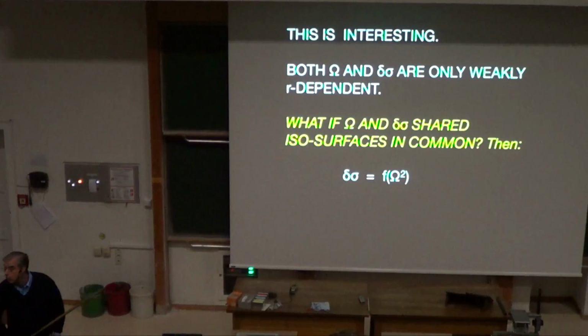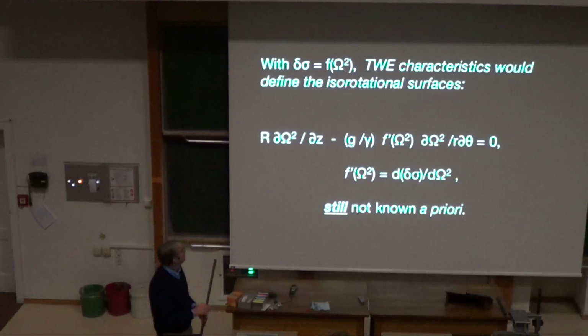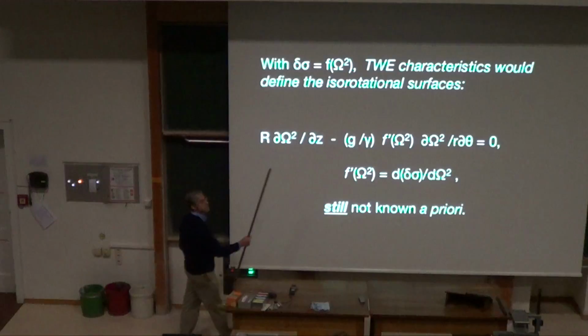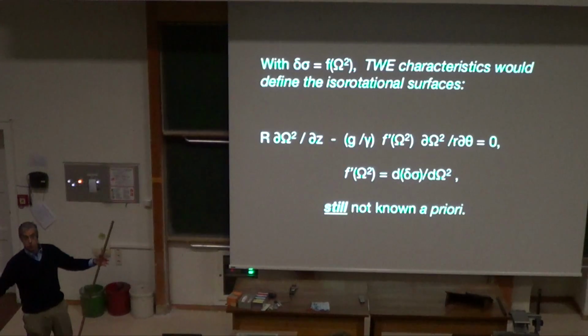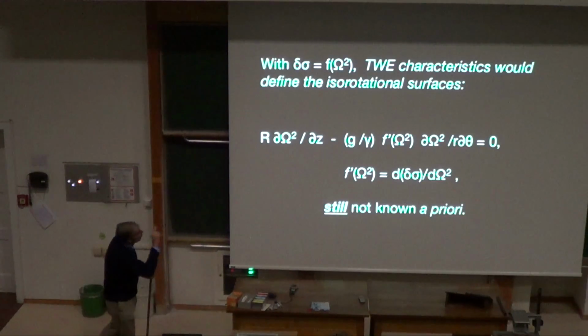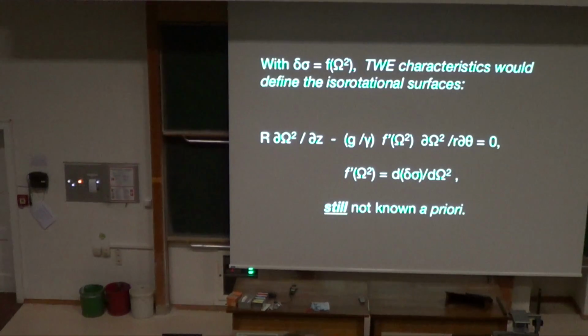Which evidently they do. If delta sigma is some function, which I haven't specified yet, of omega squared, that's the same thing as saying they share isosurfaces in common. Then the thermal wind equation, the characteristics of that partial differential equation, you all know what characteristics of a partial differential equation are. With me on that? They would define isorotational surfaces.